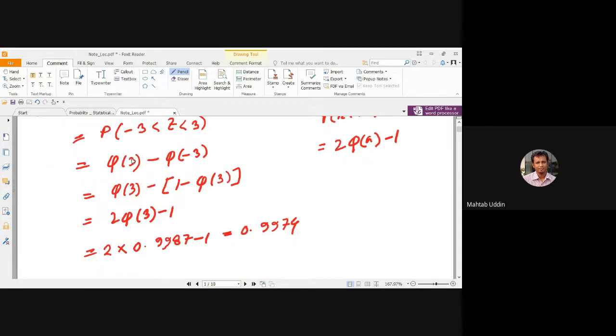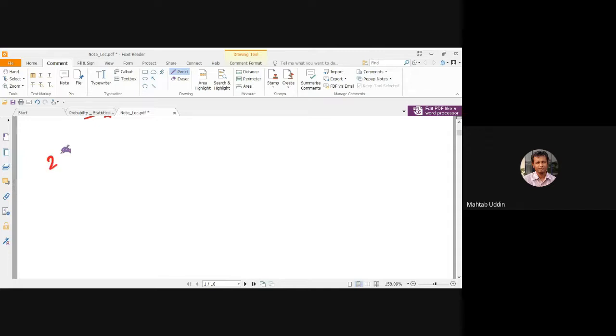2D is 8. Probability of absolute Z greater than 1.39. Now, according to the absolute sign, this means Z is either greater than 1.39, or in case of or, for probability it will be plus Z less than minus 1.39.